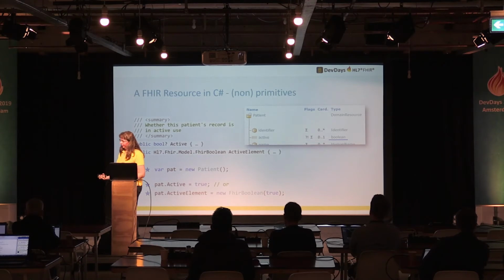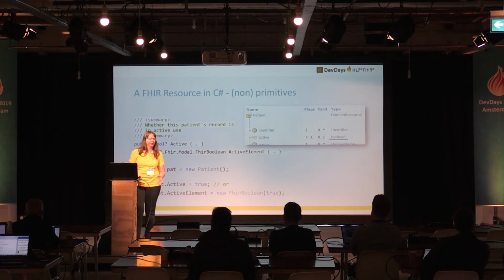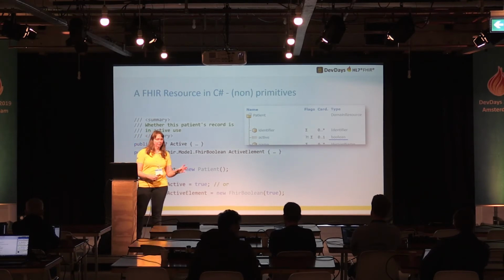Each FHIR element can be extended, but of course, a C# Boolean is just a true or false value. There's no notion of an extension added to that. In FHIR there is. You can extend primitives. So you could create this Boolean and then add an extension to it. But in order to do that, you will need to use the active element instead of the active.